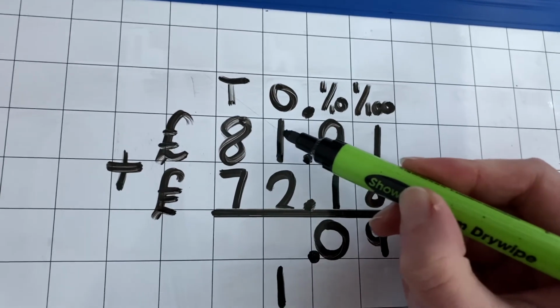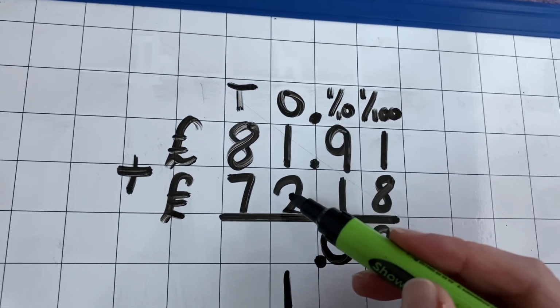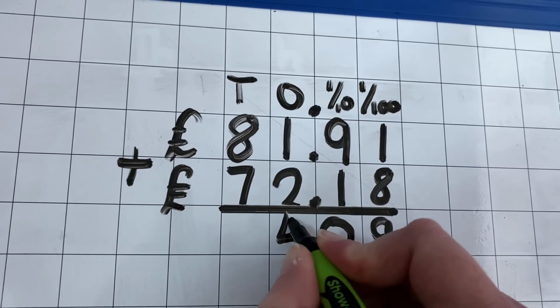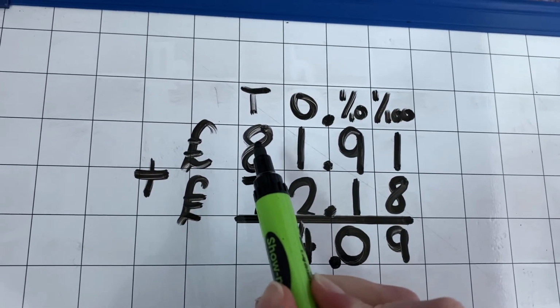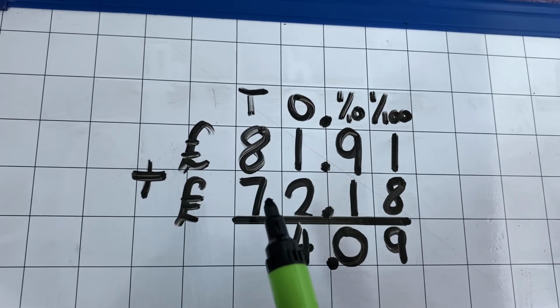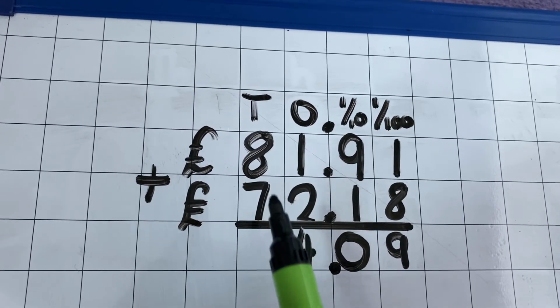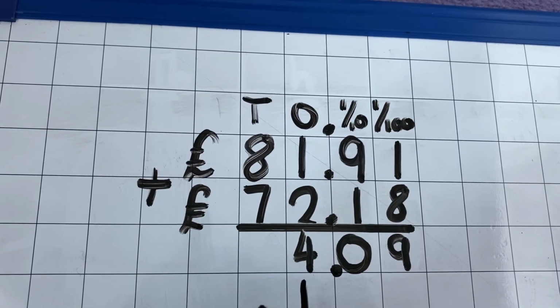So here we have 1 add 2 add 1. So 1 add 2 is 3. Add the one we've exchanged becomes 4. Now we have 8 tens and 7 tens. 8 add 7 is 15. So 80 add 70 will be 150.